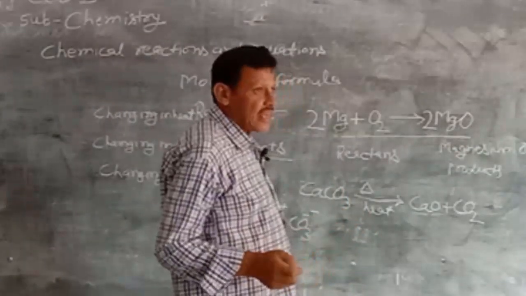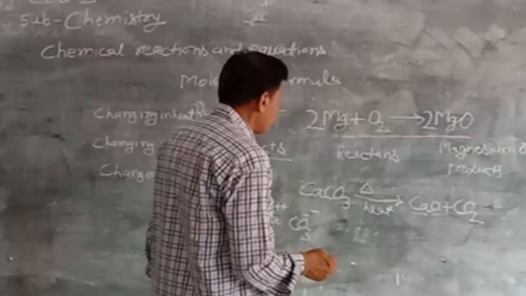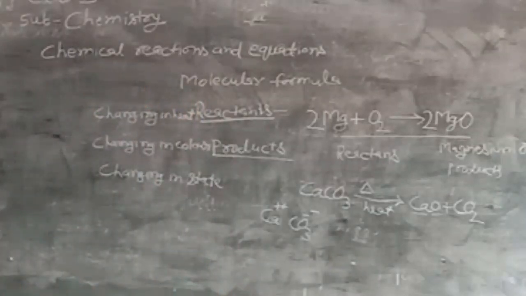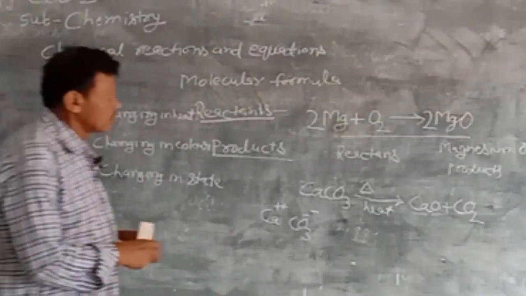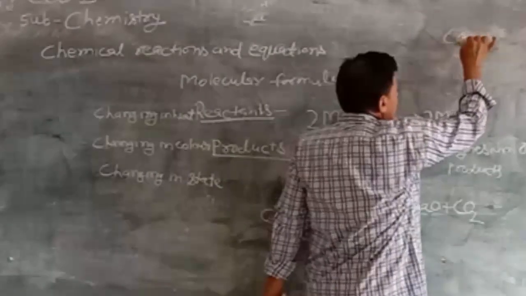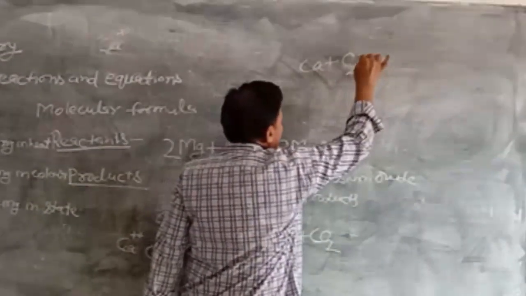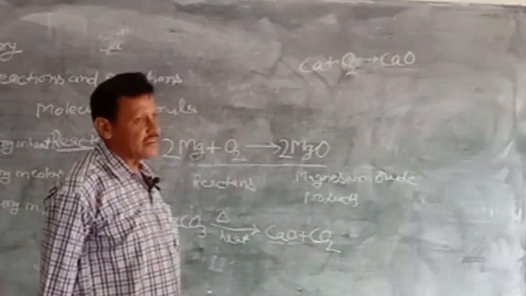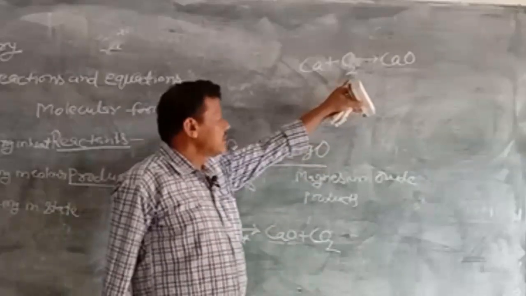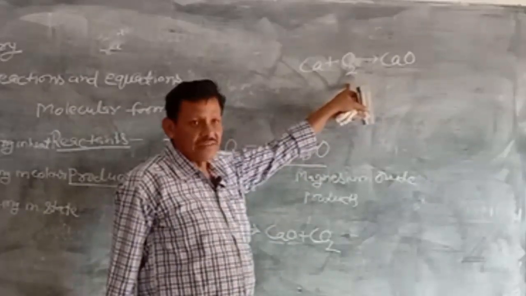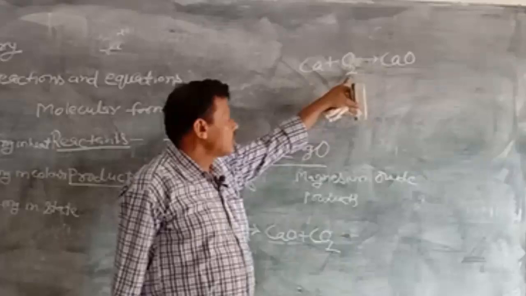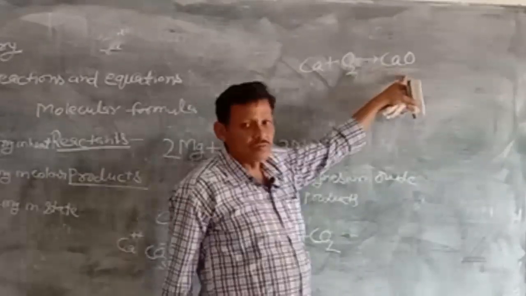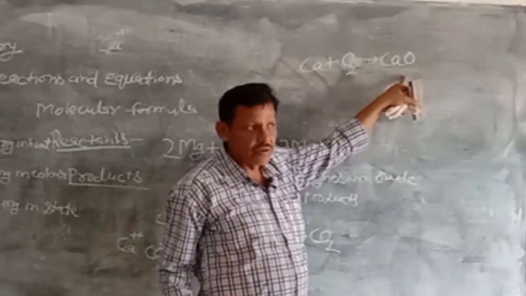We burn calcium with oxygen. Calcium with oxygen, there is formed calcium oxide. Here, this reaction is not balanced. Why? Because the number of oxygen atoms in the reactant is 2 and the number of oxygen atoms in the product is single.